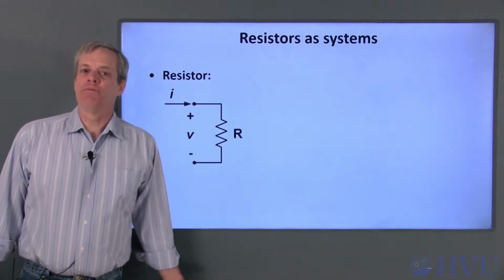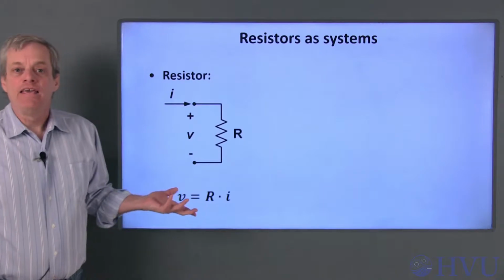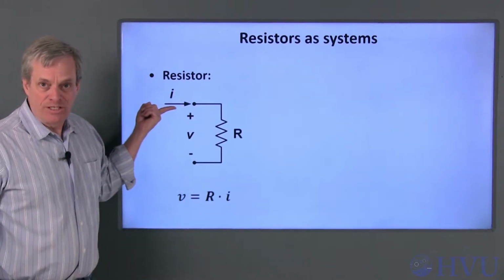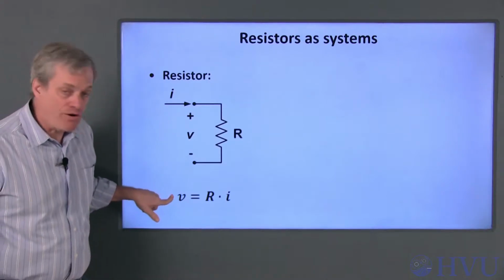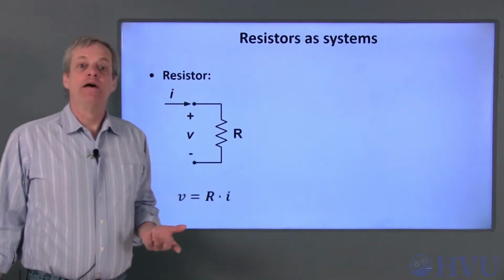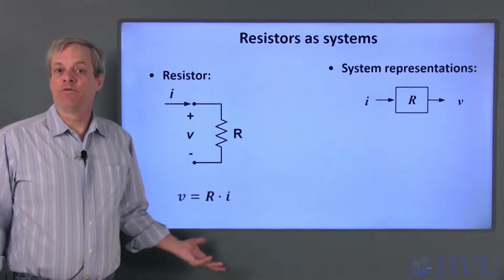My first example of a system in electrical engineering will be a resistor. If we define the voltage drop across the resistor and the current through the resistor as shown, the voltage-current relationship is just Ohm's law. V is equal to I times R. This relationship can be represented as a system in a couple of different ways.